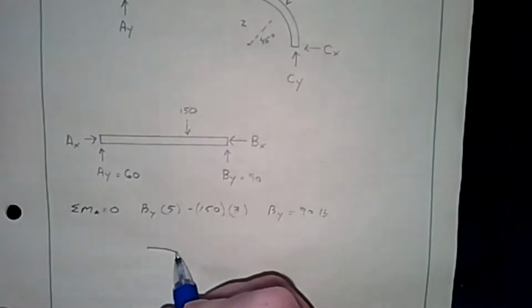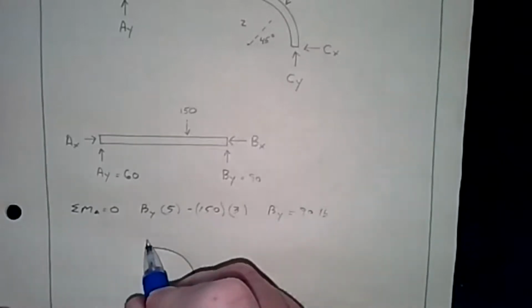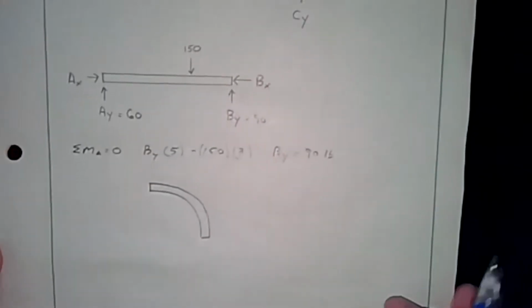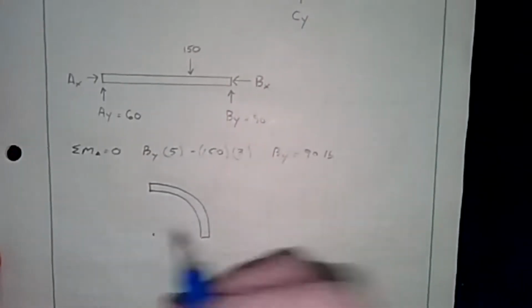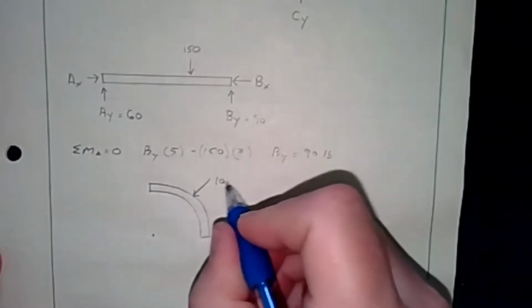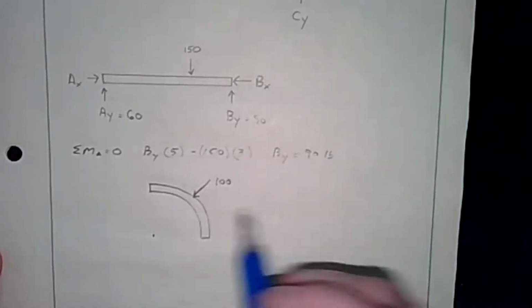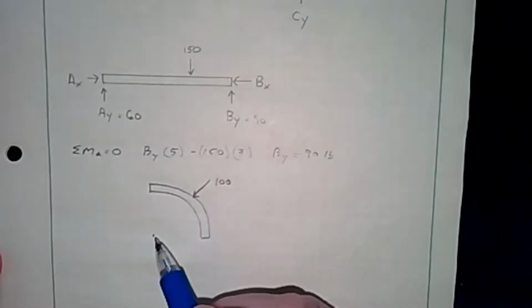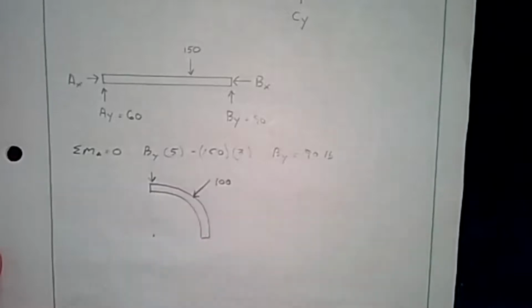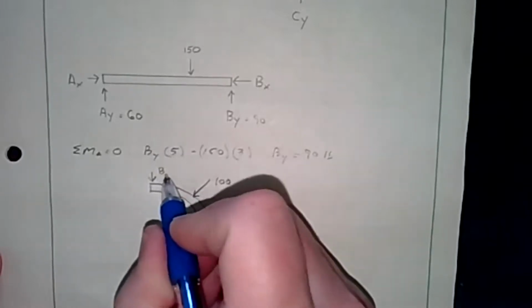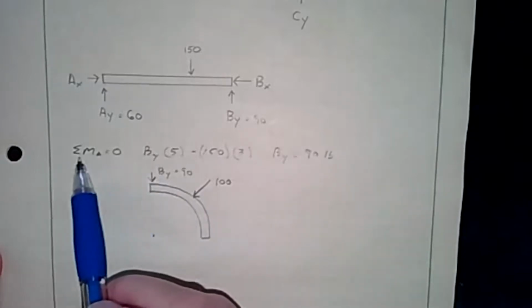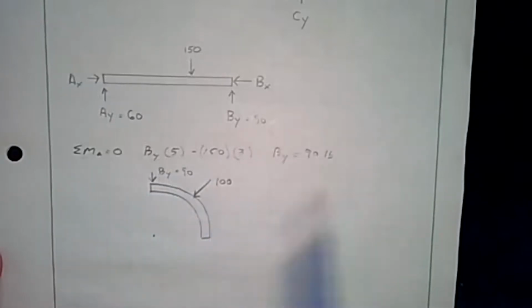draw our quarter circle. So in that case, there's our center roughly. Now we know that we have 100, and that's at a 45-degree angle because it's going to the center. We know that BY equals 90. So I wrote that kind of close. That's there.